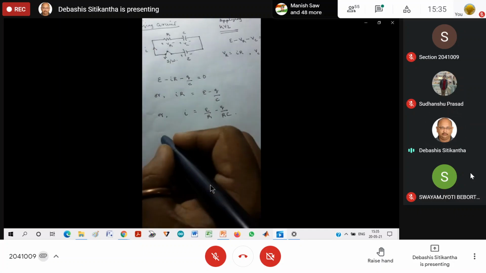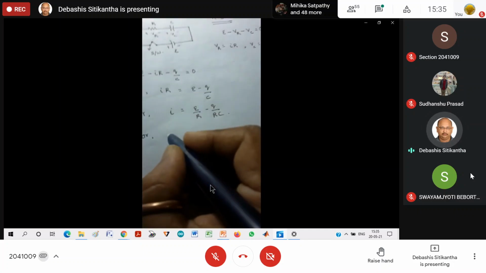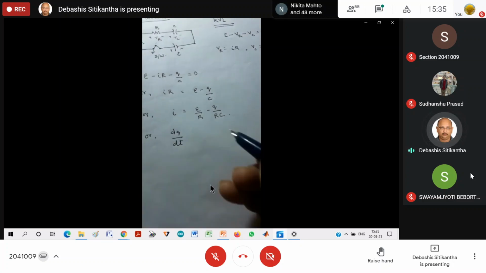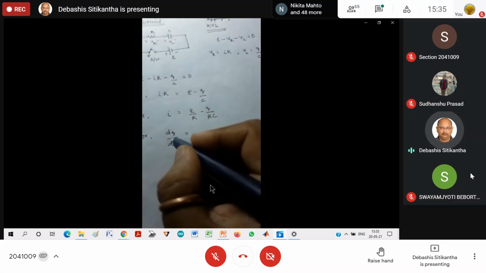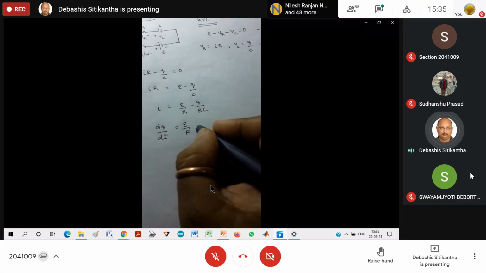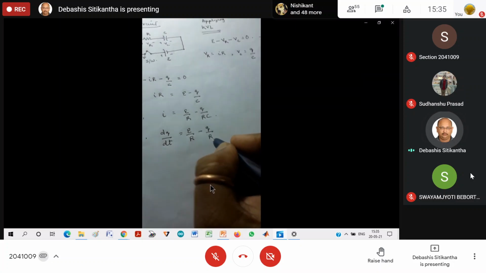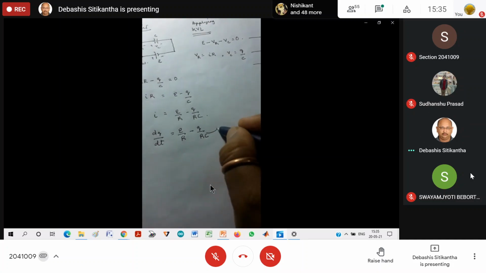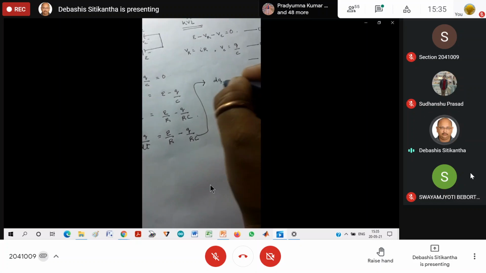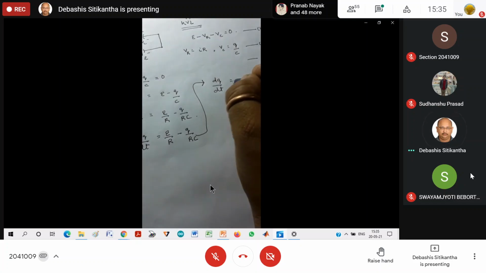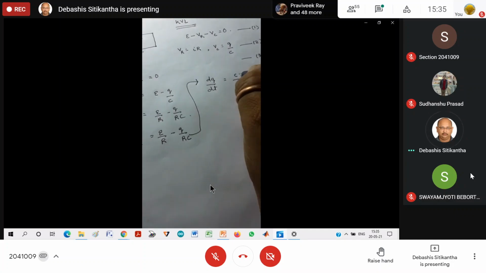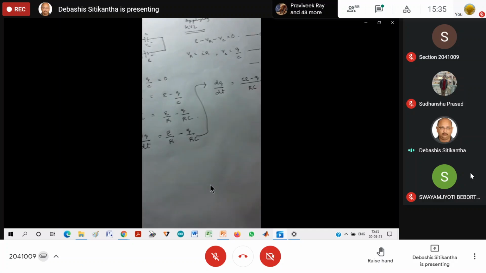Now we all know that current I is equal to the change of charge per unit time, that is dq by dt, and therefore I will replace this I by dq by dt, and this is equal to E by R minus Q by RC. Now this equation can again be written as dq by dt is equal to, taking the LCM as RC, CE minus Q.